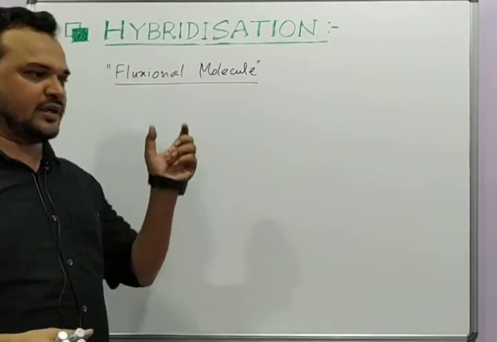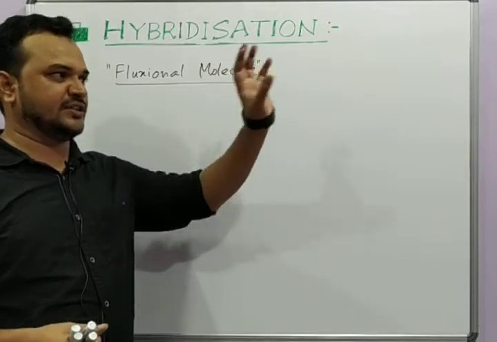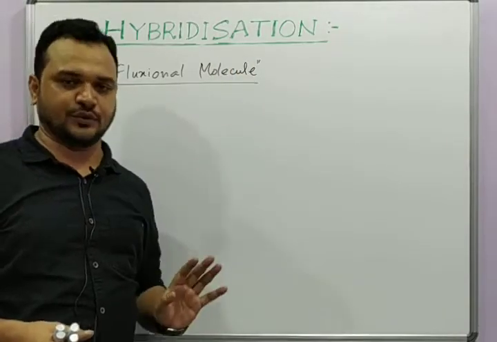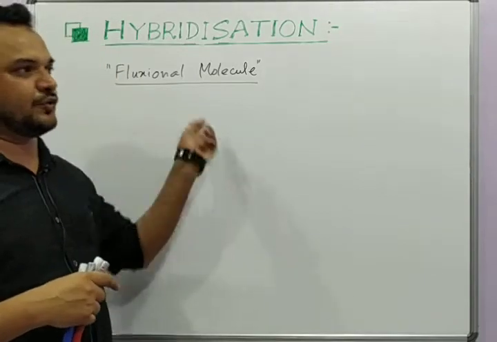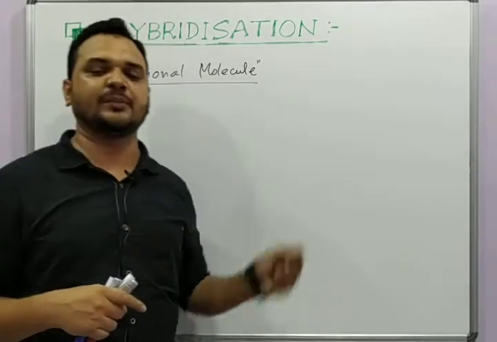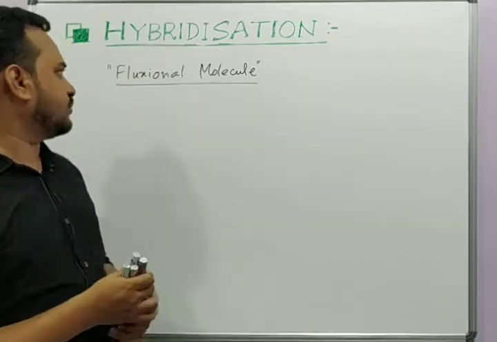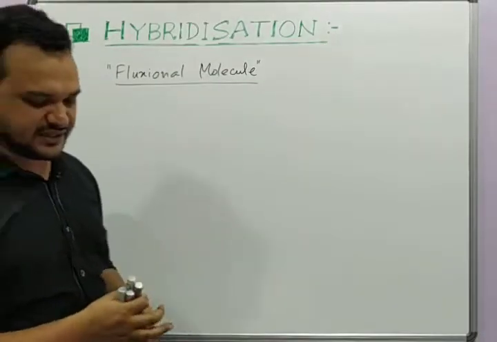At one moment you take a snapshot and see that these two chlorines are axial, the other three are equatorial. In the second moment, when you take another snapshot, you will see the equatorial has become axial, and the axial has become equatorial. This behavior is known as fluxional molecule. We will discuss it later.